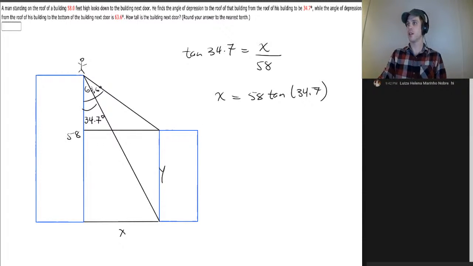Which means that this red length, let me make this red. This red length is the same. That's also x. Make it red there too. And so since that side is involved with the 63.6, we can use that to find this green side here.